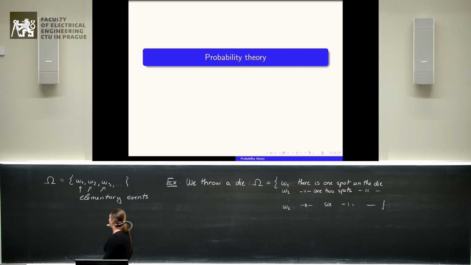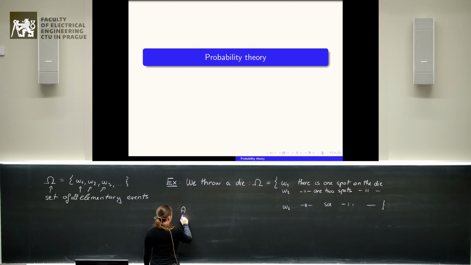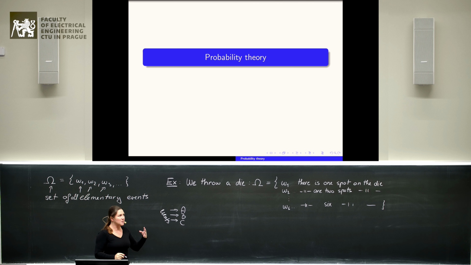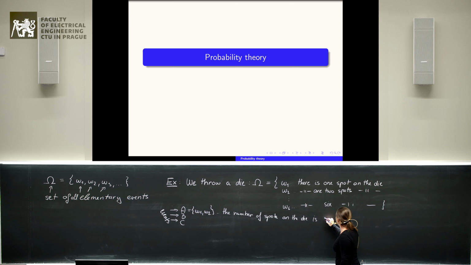That's it. So the capital omega is the so-called set of all elementary events. And when we talk about events, we mean some subsets of this capital omega. So for example, A can be a subset consisting of omega 1, omega 2. And in practice, it means that the number of spots on the die is less or equal to 2.